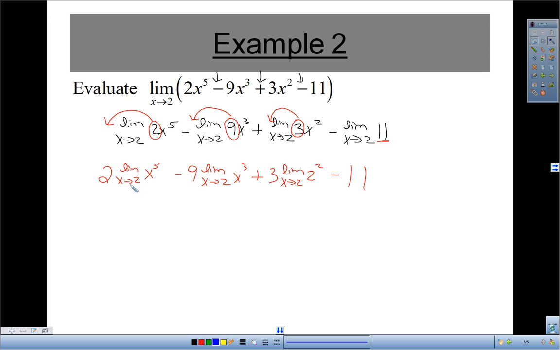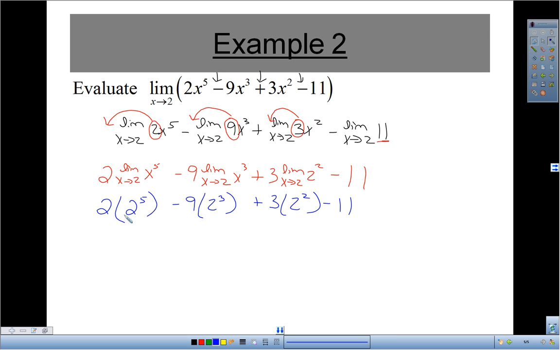The properties of limits say that if you have x to a power, you can just plug in 2 and raise it to the power. So I'm going to have 2 times 2 to the 5th, minus 9 times 2 to the 3rd, plus 3 times 2 squared, minus 11.